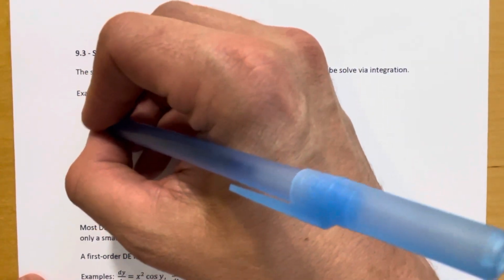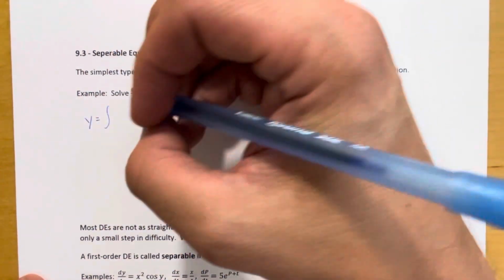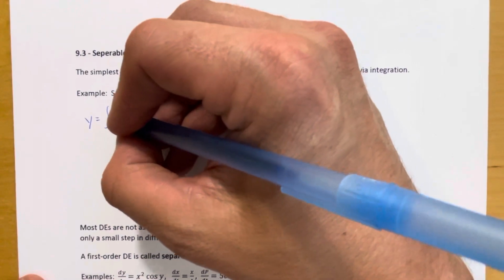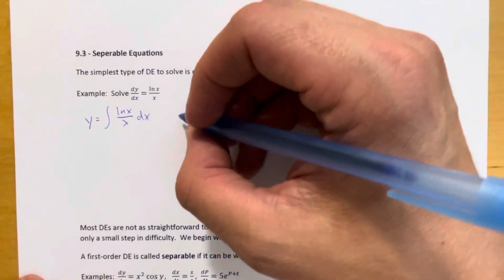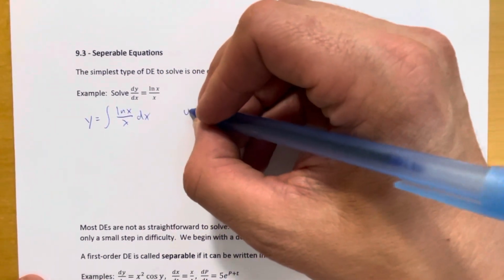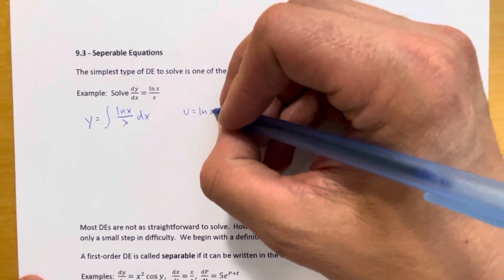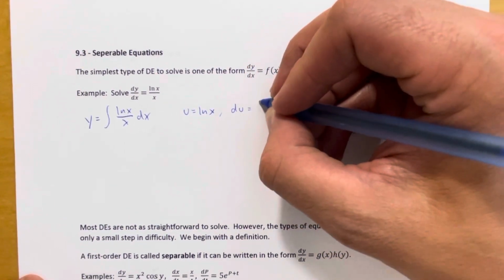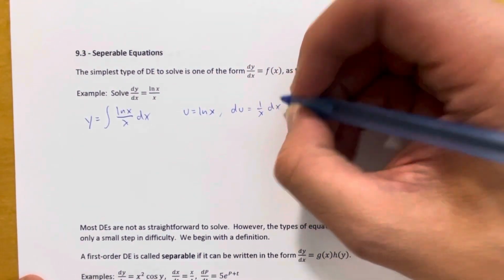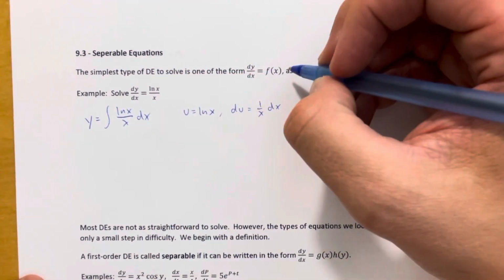That means that y is equal to the antiderivative of the natural log of x over x dx, or the indefinite integral. This can be solved with a really straightforward u substitution. Set u equal to the natural log of x, so that du is equal to 1 over x dx. I already have 1 over x showing up in there.